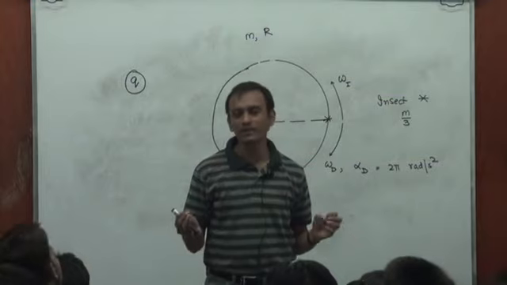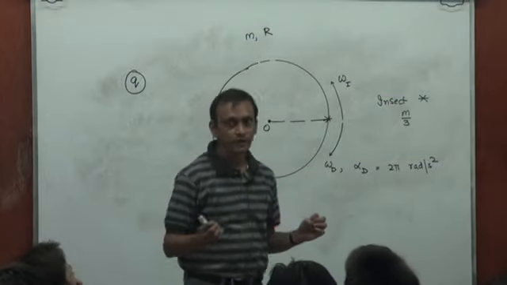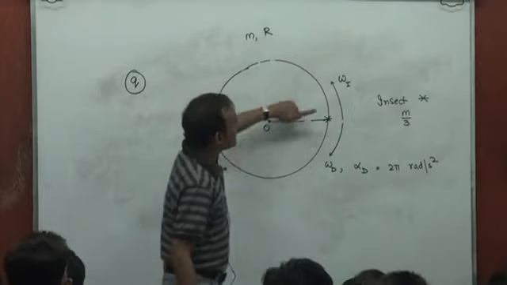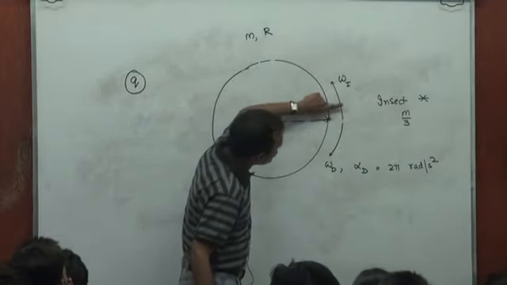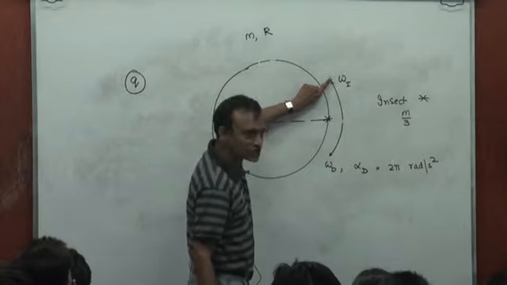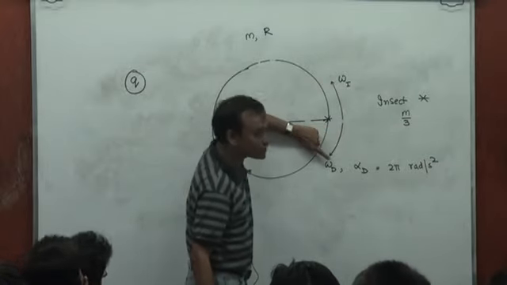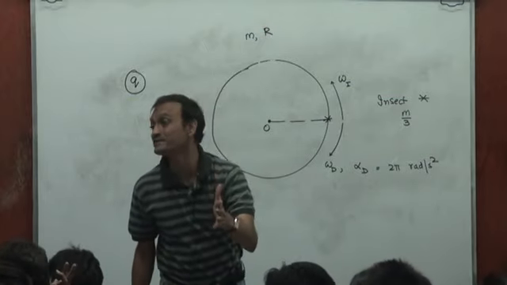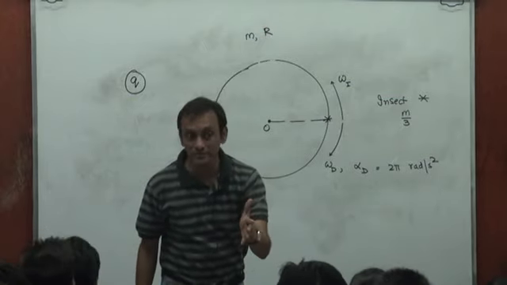And if you look upon them as one single unit, then the angular momentum will remain preserved. So if the insect manages to move circumferentially like this, then the disk must move in this direction so that their angular momenta cancel off from instant to instant. You know what I'm saying?